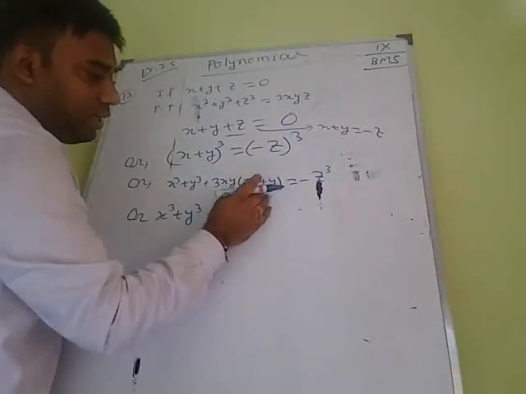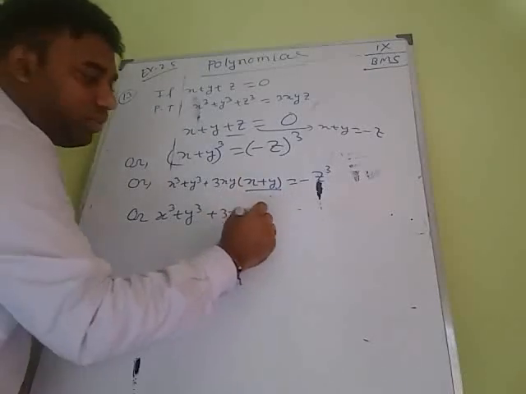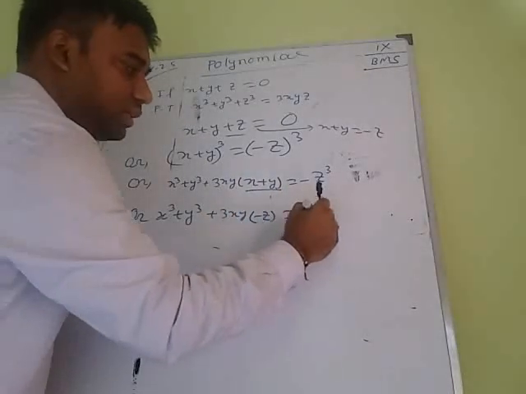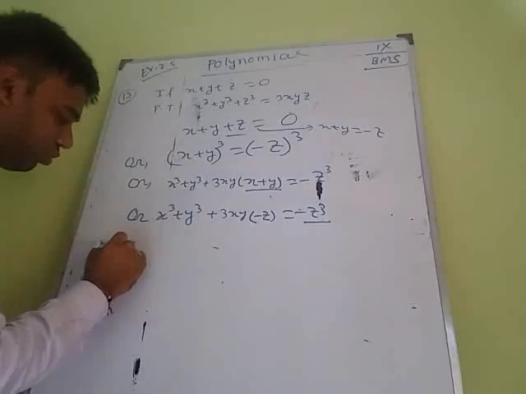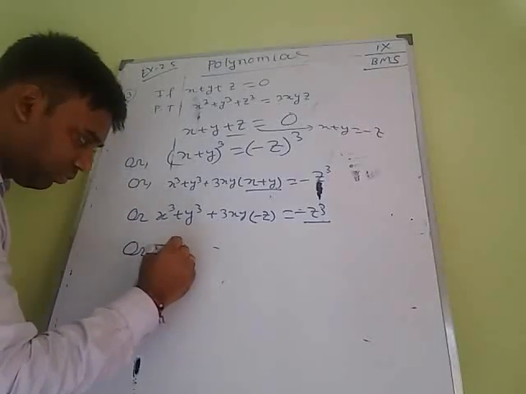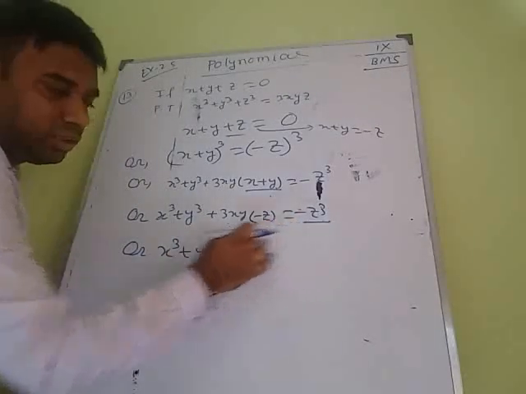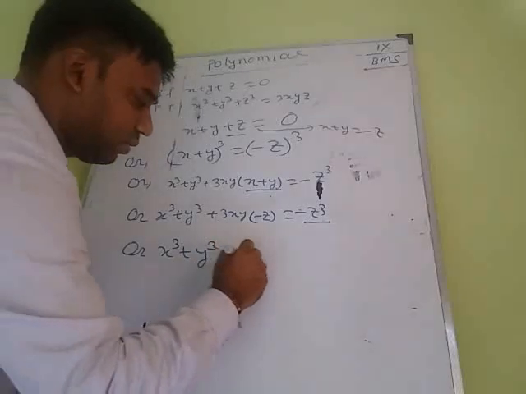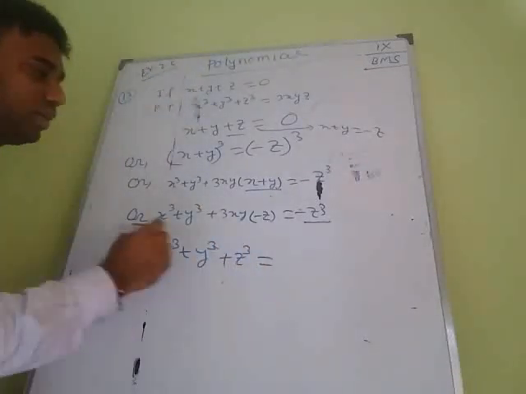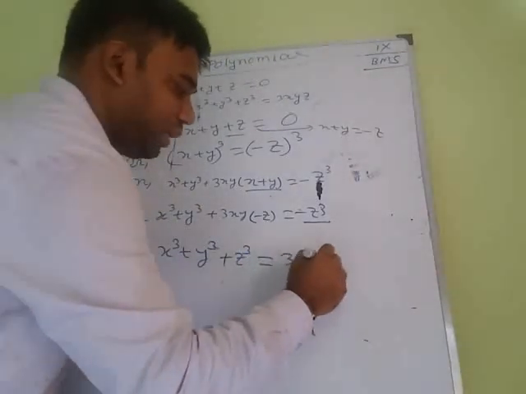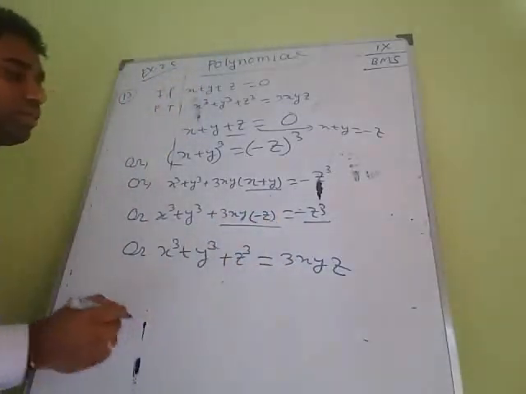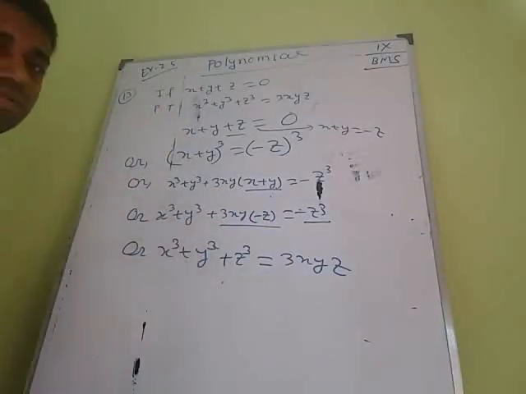Putting that in place of x plus y, we get minus 3xyz equals minus z cube. Now transpose that z cube to the left hand side, and the 3xyz portion to the right hand side. So it is our required proof.